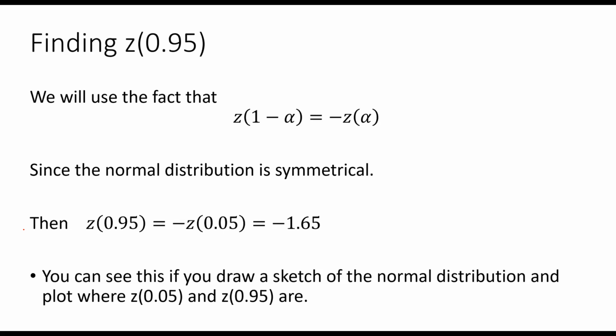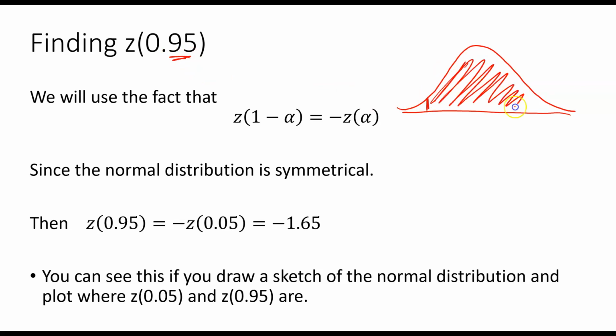Here's a practice. You can find Z of 0.95. I encourage you to draw a diagram to represent where this Z would be, and that will look like this. If it has 0.95 to its right, it's got almost everything to its right. So the whole right side over here is shaded. This is 0.95. That means that to the left is 0.05.